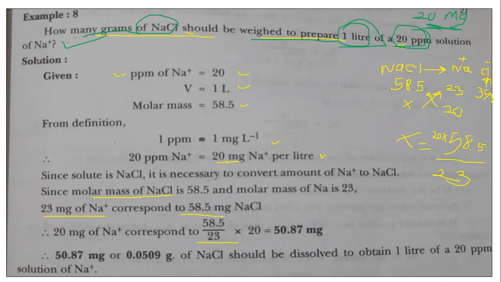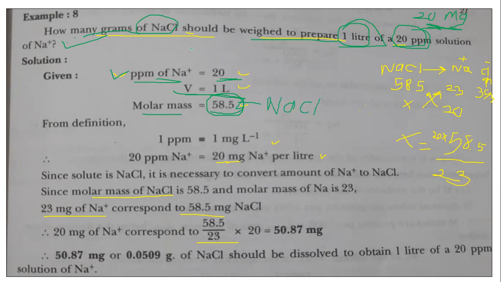How will we get that, we'll see. The ppm of sodium is 20 ppm. Volume of solution required is 1 liter. Molar mass of NaCl is 58.5, right?